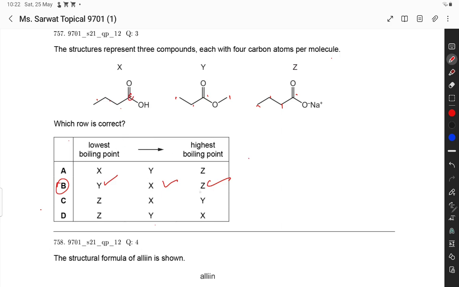This is carboxylic acid. This is ester. And this is salt of carboxylic acid, sodium 1, 2, 3, 4, sodium butanoate.